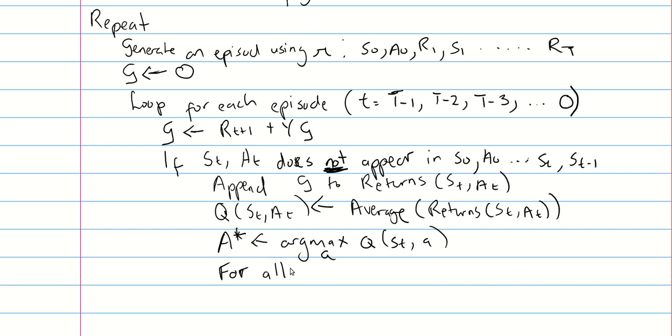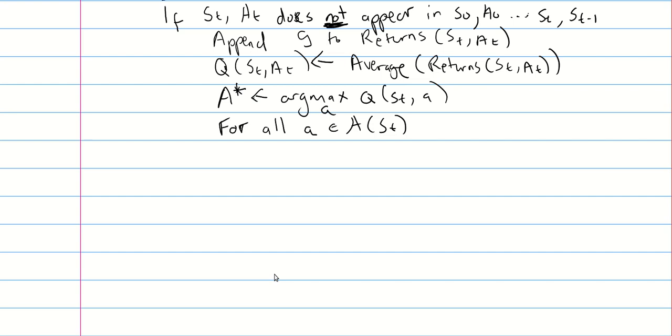We care about updating the policy for all actions that are an element of A(St), for all actions in our action space. What are we going to do here? Well, we update our policy pi of a given St.